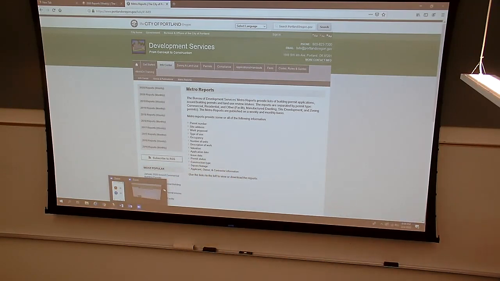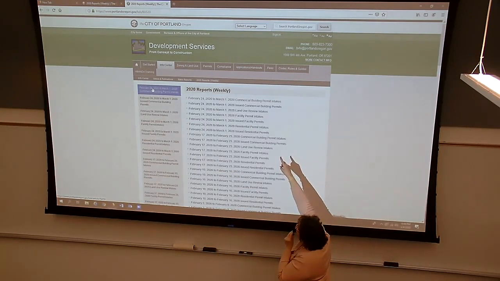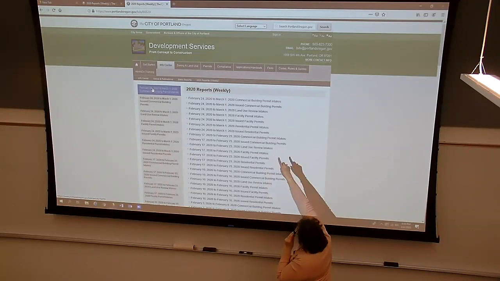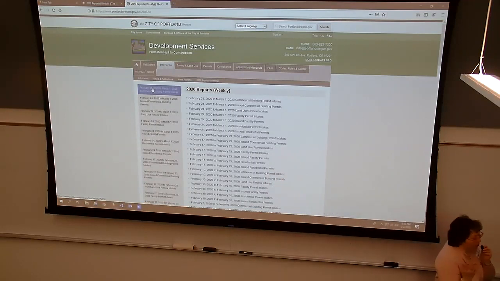So if we click on the 2020 reports, weekly tab, this is the list of license applications taken in and licenses that they have issued. As an example, if I wanted to look at that first one on there, a commercial building permit, because I could probably get someone to break it up, a big contractor. Let's look at that.